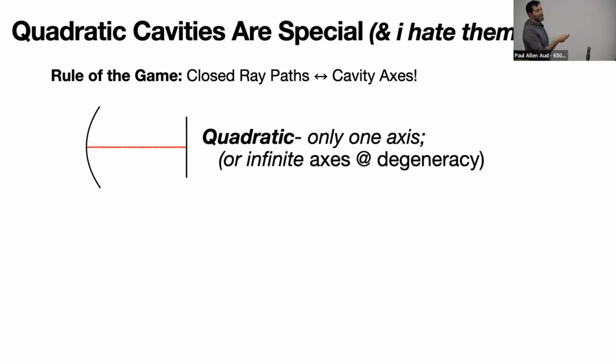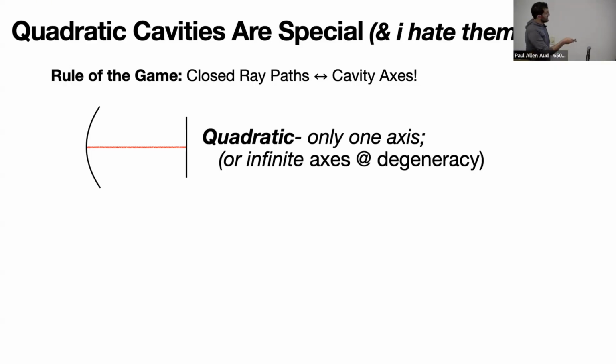What do I mean by an infinite number of axes? If I go to a confocal point, a half confocal point, any of these points, then under some number of round trips, the rays come back to themselves, but it's not a discrete ray that comes back to itself. It is a continuously infinite set of rays that come back to themselves, okay?